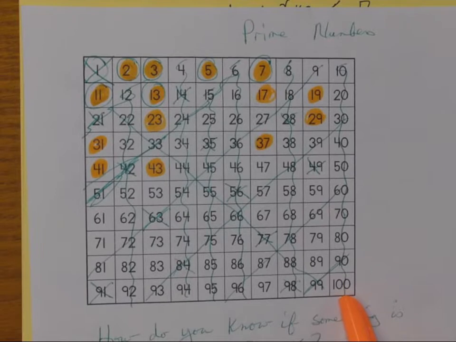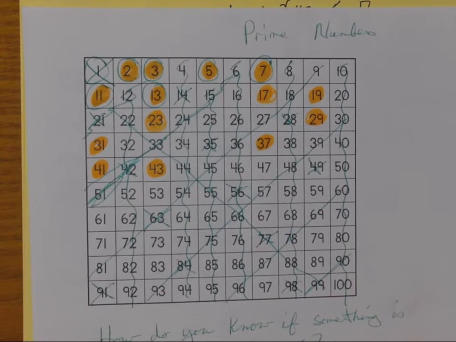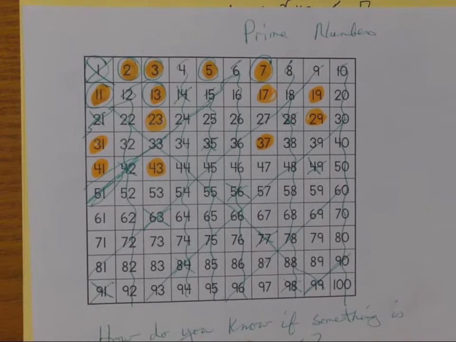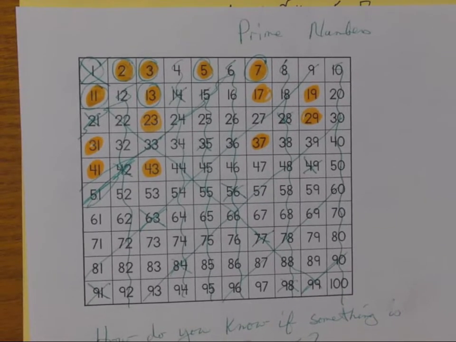The square root of 100 is 10, right? Which means I need to check all the prime numbers. If I'm checking for 100, I need to check 2, 3, 5, and 7, because those are the ones that are less than 10. I shouldn't have to check 11s, because all of those should have already been marked out by something else, and we'll check that in a second.